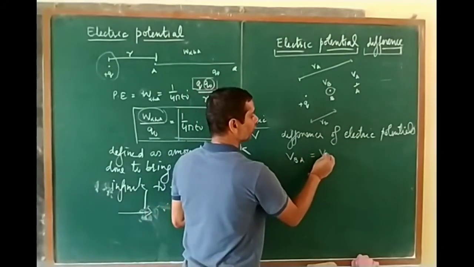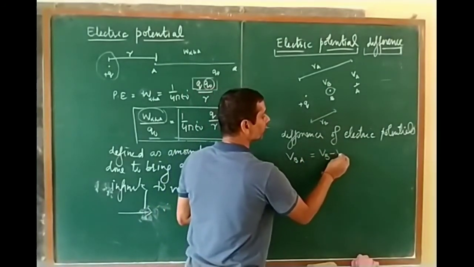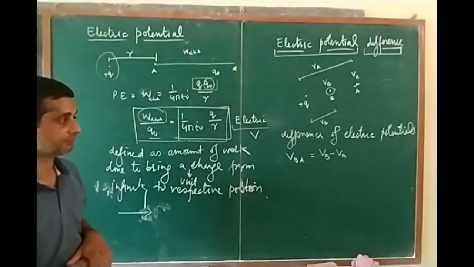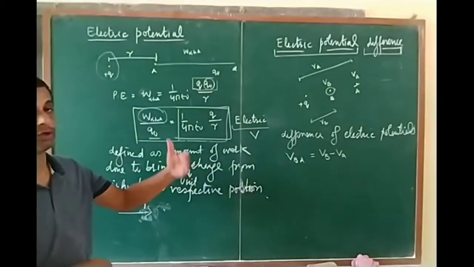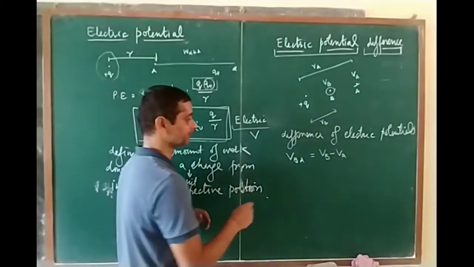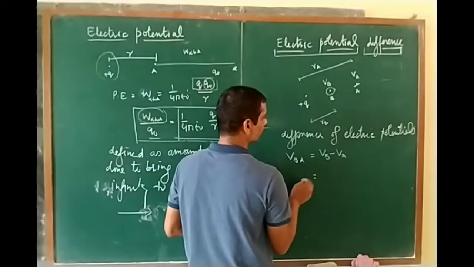And it becomes the difference of electric potentials, that is VB minus VA. Now further, if we use the formula, what do we get?